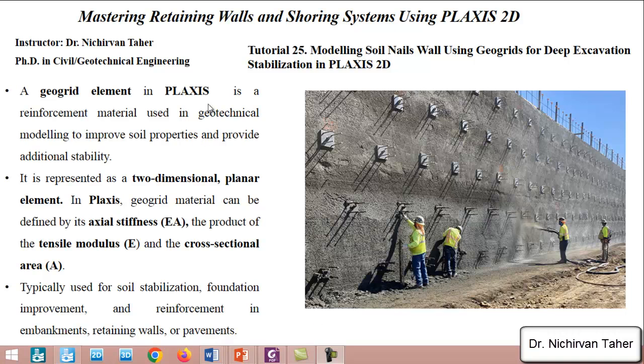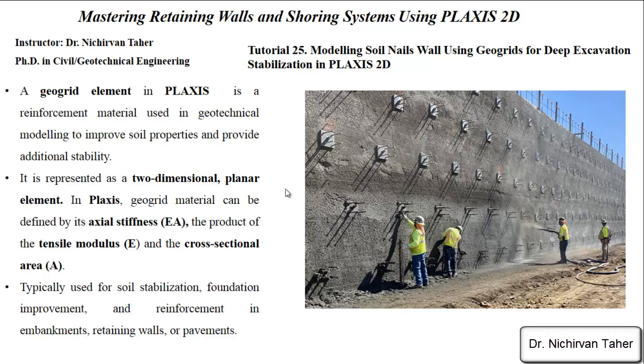So in PLAXIS 2D, geogrids represent a two-dimensional and planar element, and the materials that are required for defining the geogrid are axial stiffness, which is the product of the tensile modulus of the geogrid times the cross-sectional area, and these parameters can be found in lab. So this type of reinforcement, geogrids, is generally used for soil stabilization, foundation improvement, and reinforcement in embankment, retaining walls, or pavement.